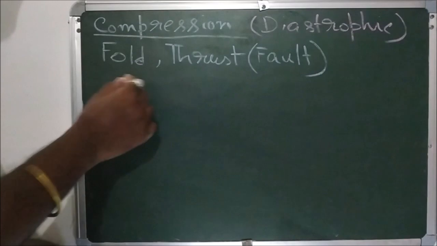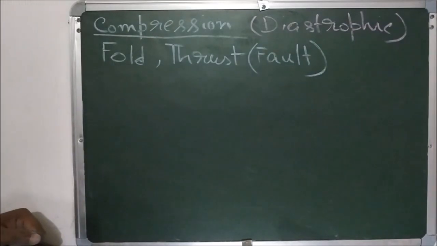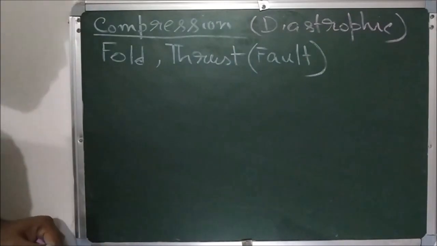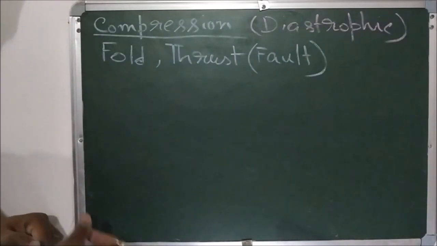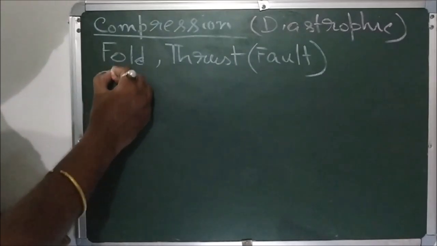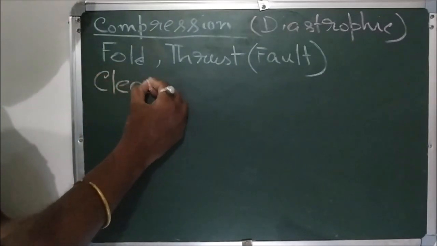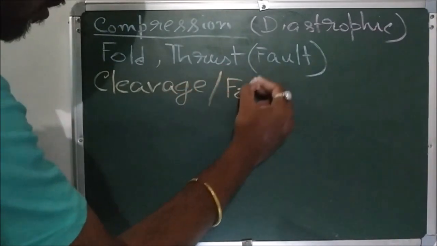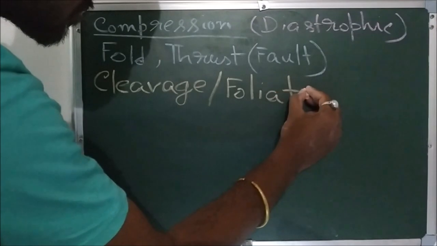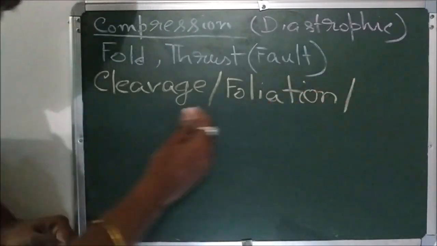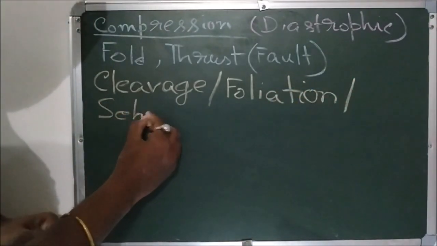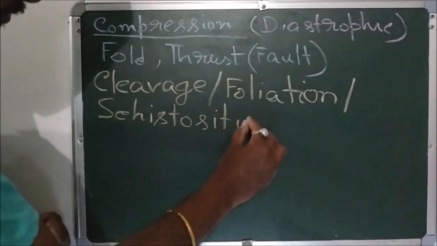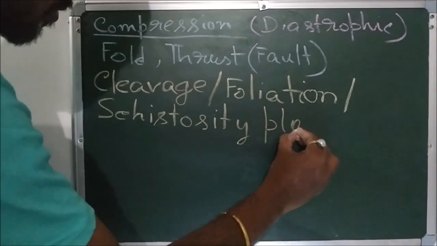And now the axial planes in the field can be identified by cleavage or schistosity planes. Now from this we will move to the cleavage or foliation or schistosity planes.